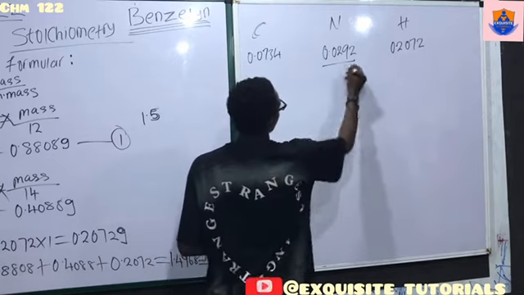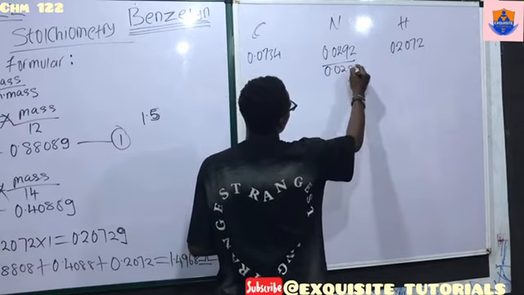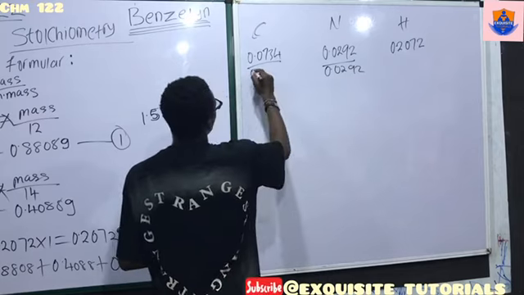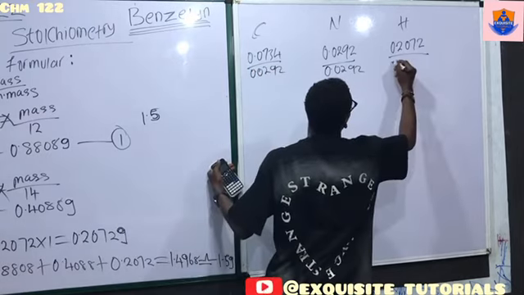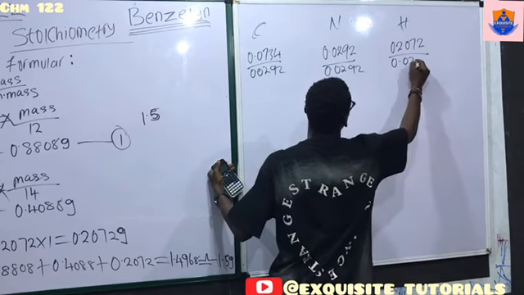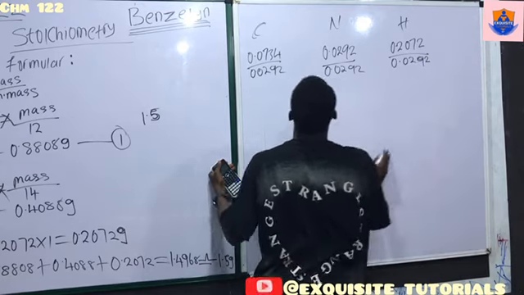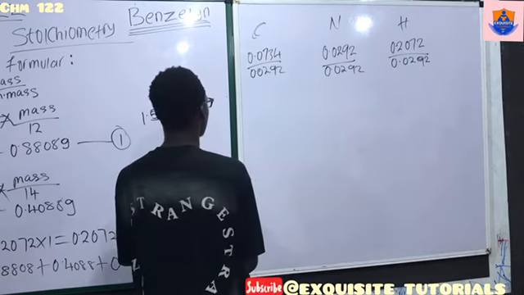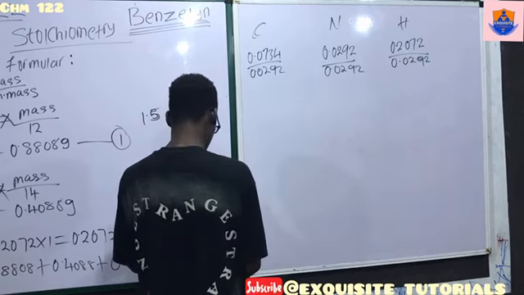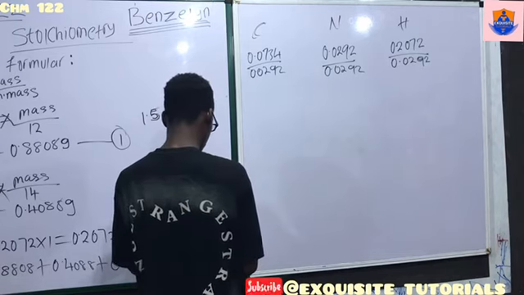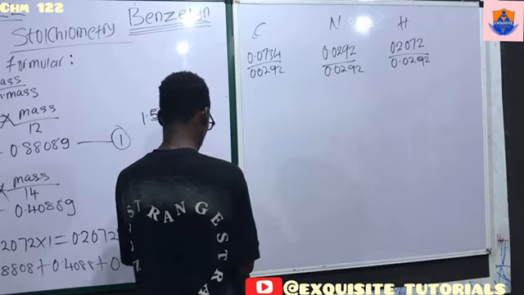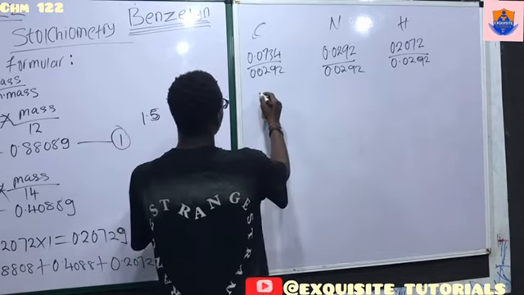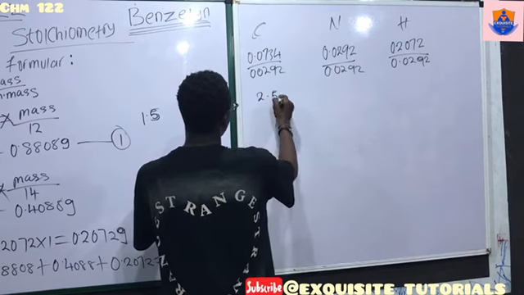So we have 0.0292, 0.0292, 0.0292. Now let's divide 0.0734 by 0.0292. We have here 2.5.